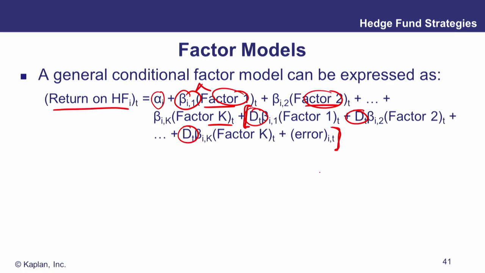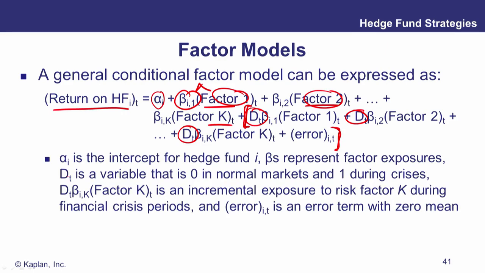The incremental difference might be very small. So really D will be a factor which defines that incremental difference. In normal markets, it's going to be a 0. Okay, and then the second half of the formula would simply drop out. In turbulent market conditions, it would be 1, so during a crisis, and then an incremental exposure would follow when you're somewhere in between. So it looks like a scary formula, but actually it's very similar to our well-known and well-loved multi-factor model.